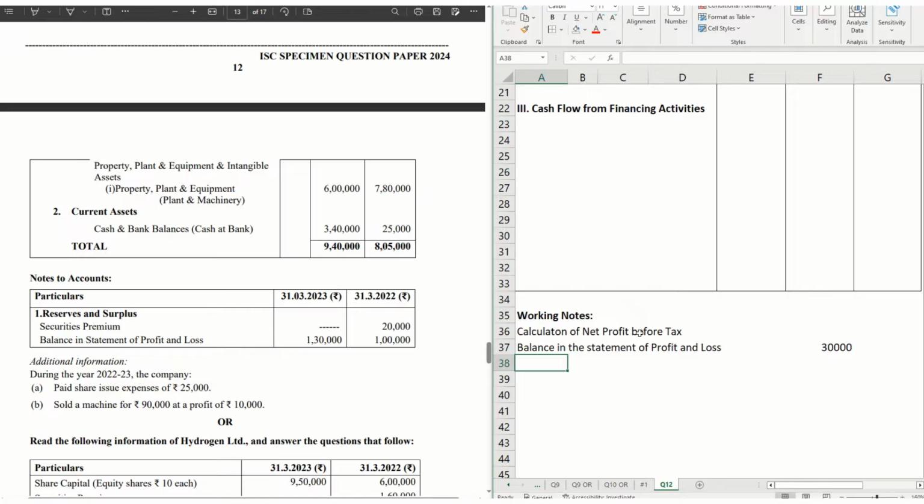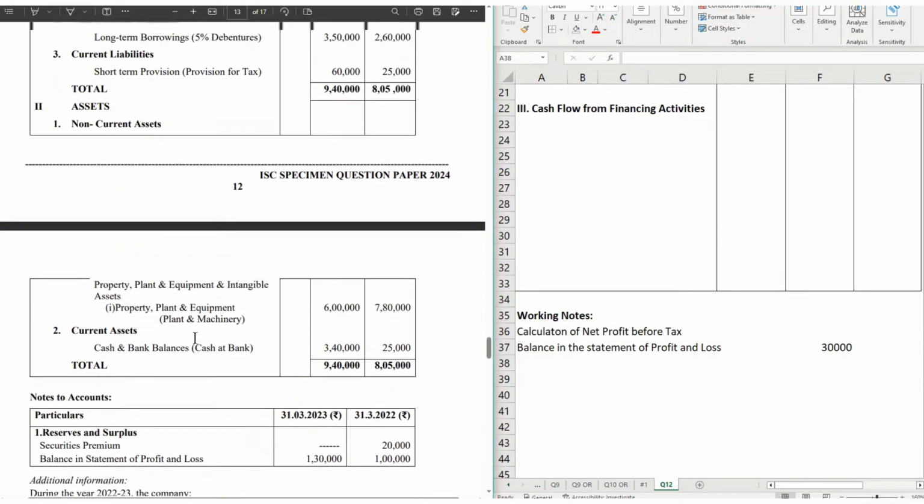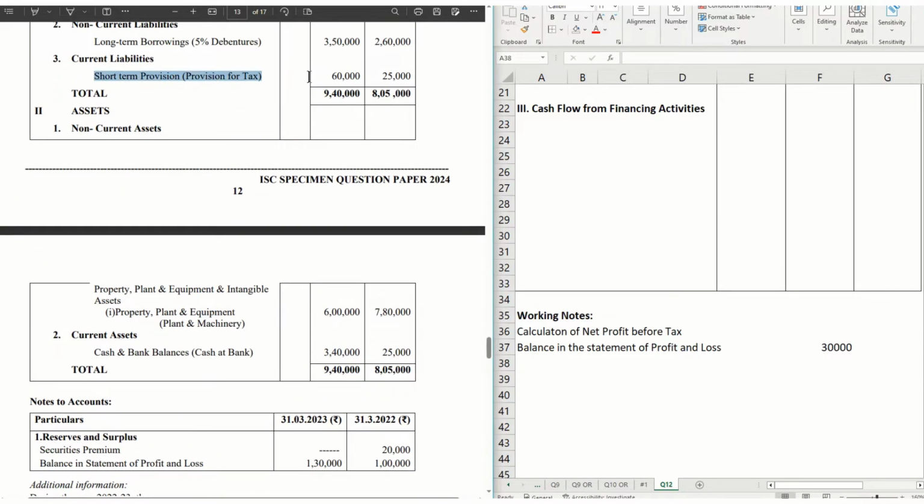Then we generally add here the transfer to reserve. We don't have anything. Interim dividend, anything we don't have. Provision for proposed dividend also we don't have. However, we have provision for tax, right? And when this is the scenario, what do we do? Which provision do we add? Provision for tax.